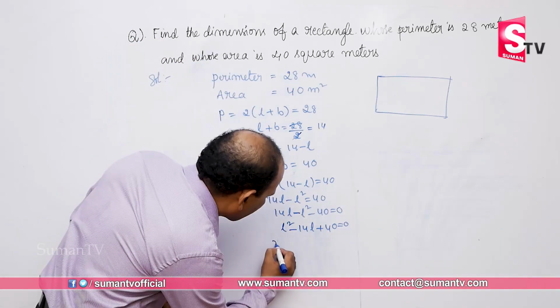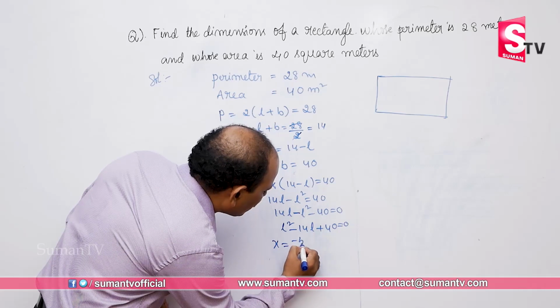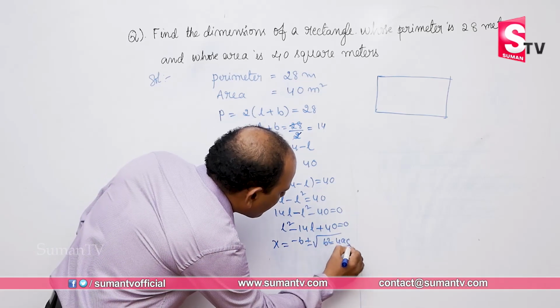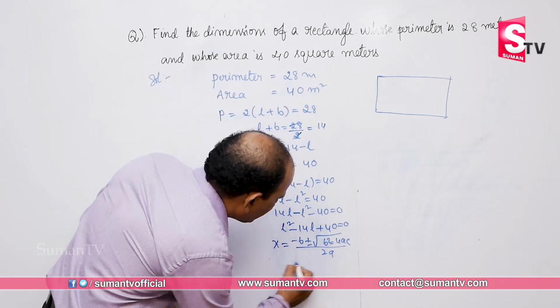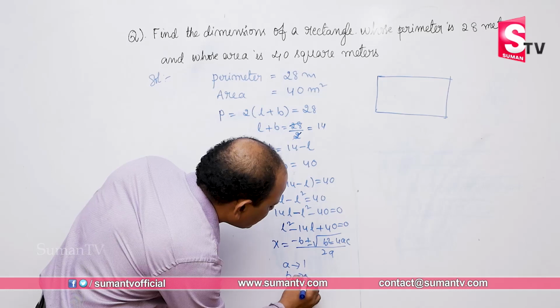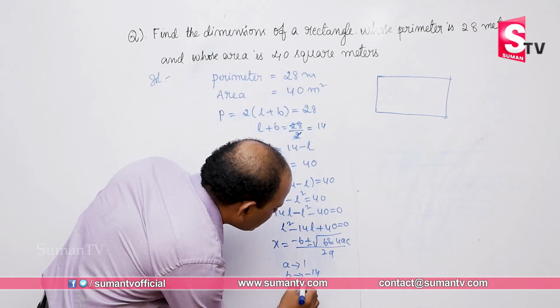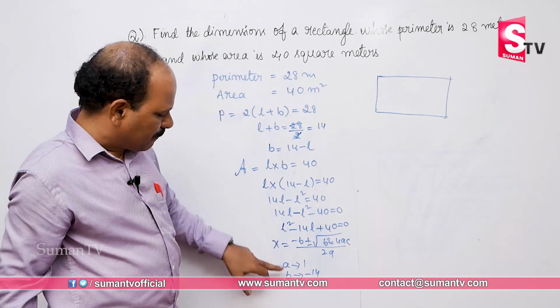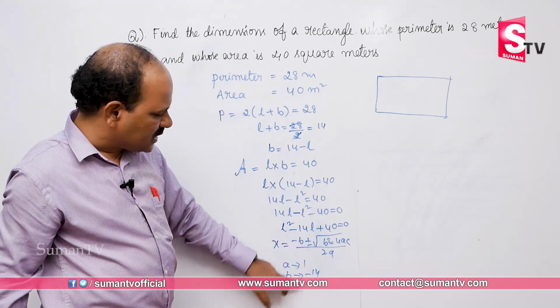Again, let us write the quadratic equation formula. Here, A is 1, B is minus 14, C is 40. A value is 1, B value is minus 14, C is 40.